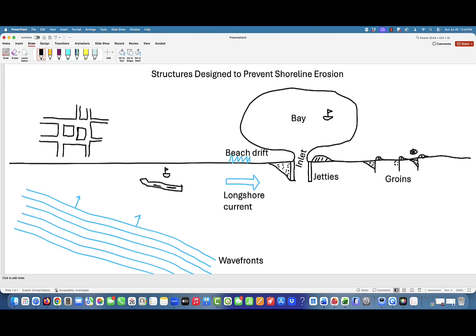And plenty of houses here, people who paid a lot of money for their beachfront or near beach property want to keep that protected.